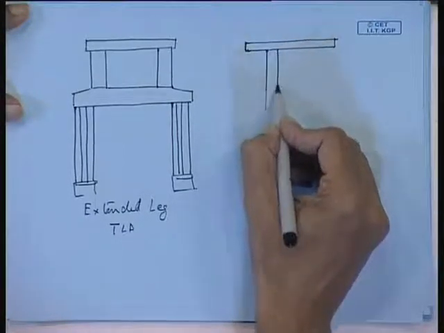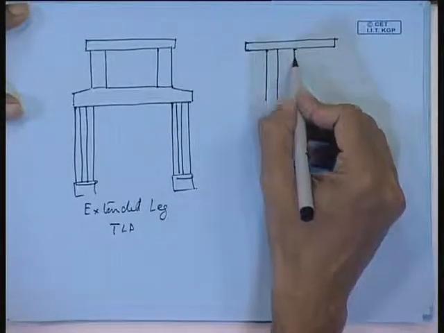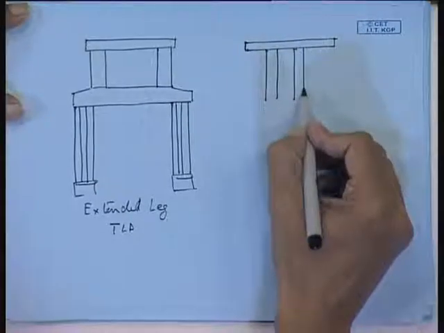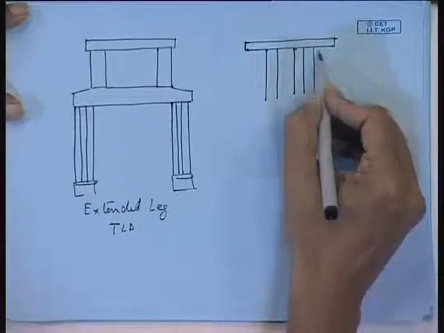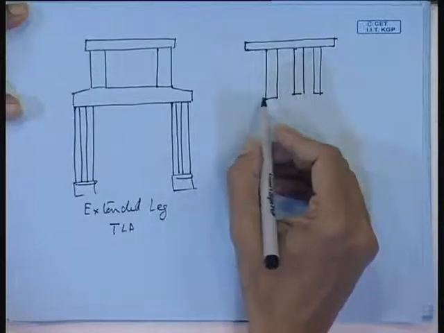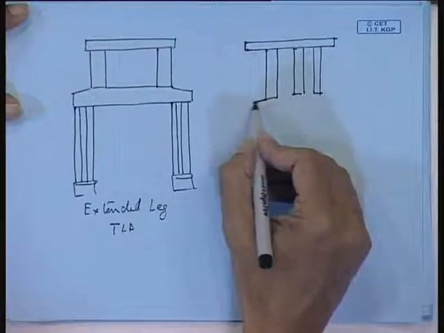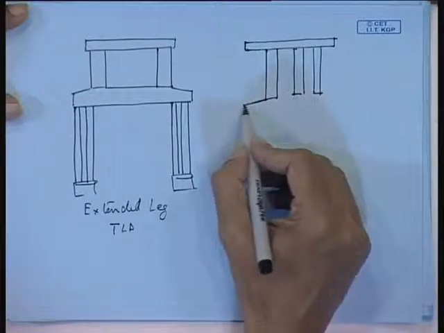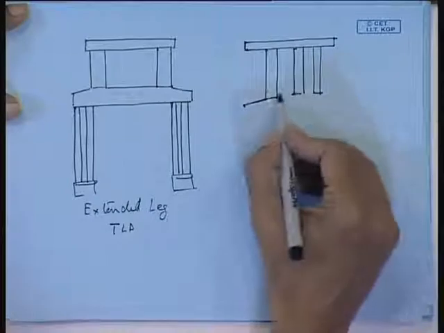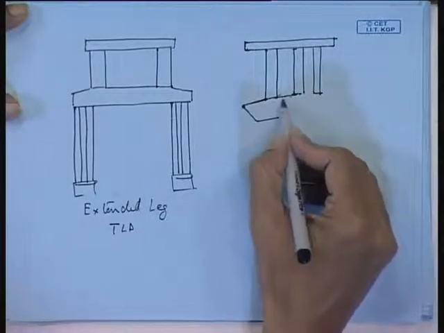Now, here at the middle you can have these columns, and from each column you can protrude the pontoon. I can't draw the shape properly.